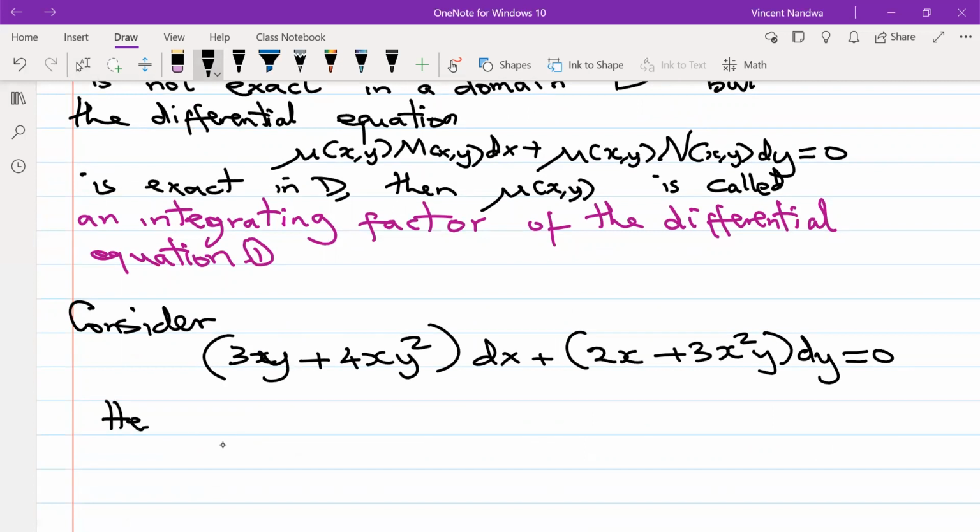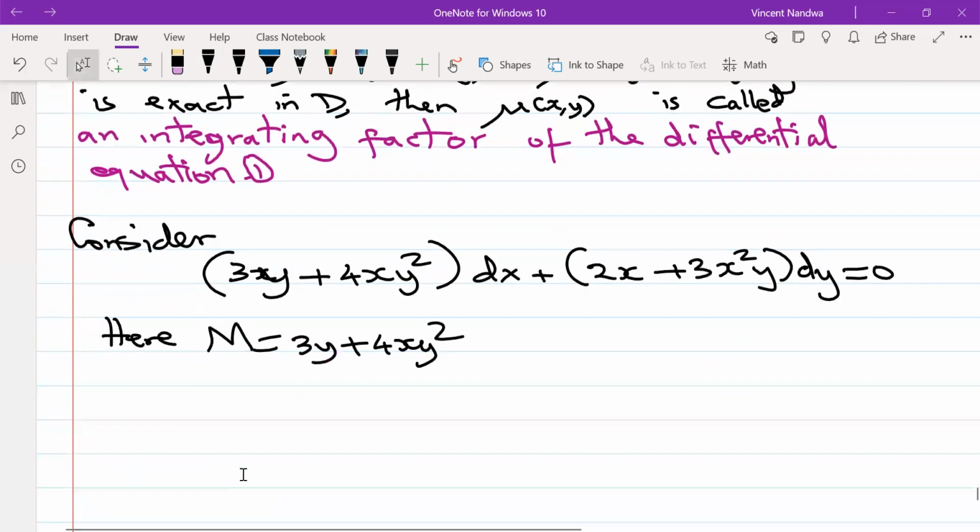So here, M is 3y plus 4xy squared, and N is given by 2x plus 3x squared y.